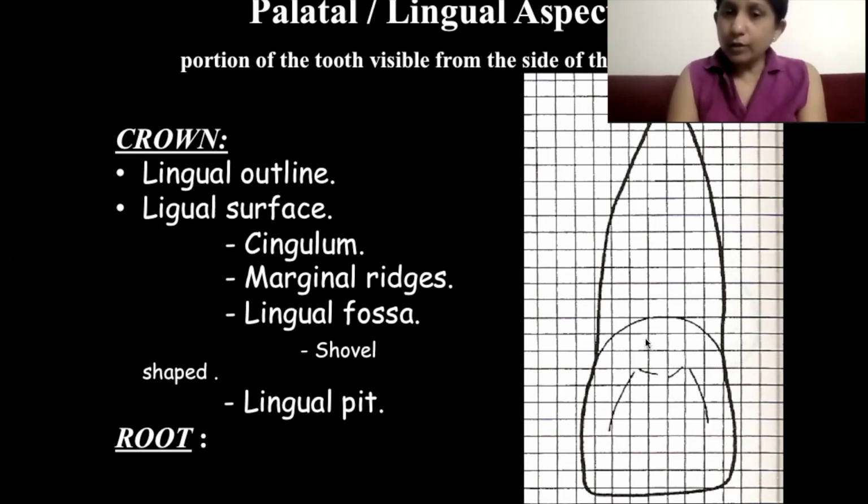Above this inverted groove, you have this area which I'm showing with the cursor. This is called the cingulum. So the cingulum area is more prominent, and below the inverted W-shaped groove, we have the lingual fossa. I'll come to each of that separately.